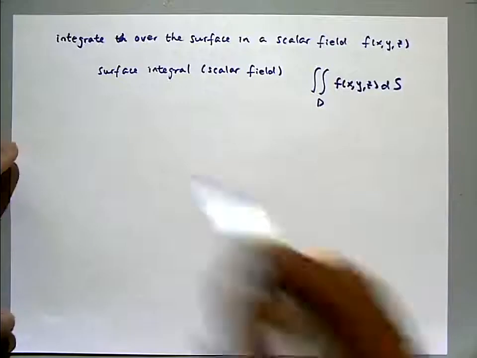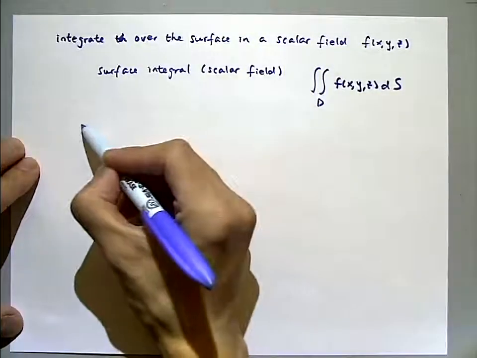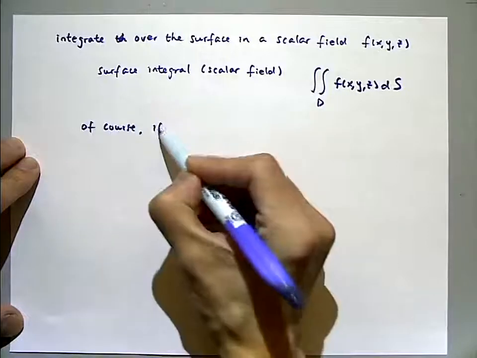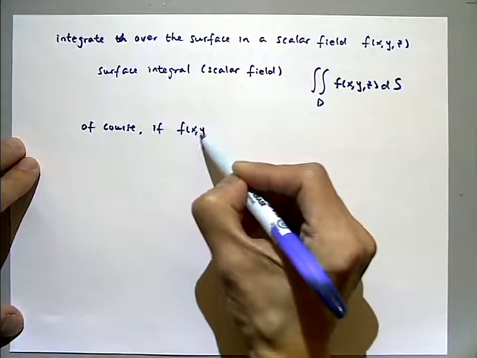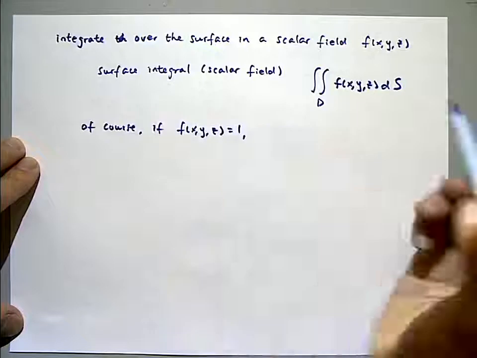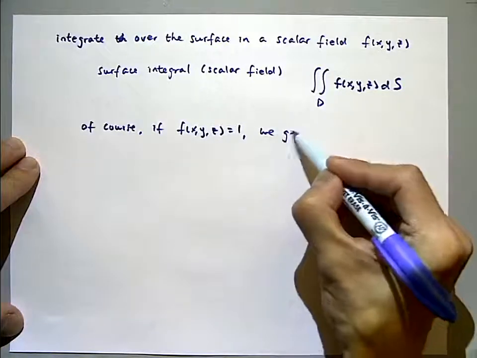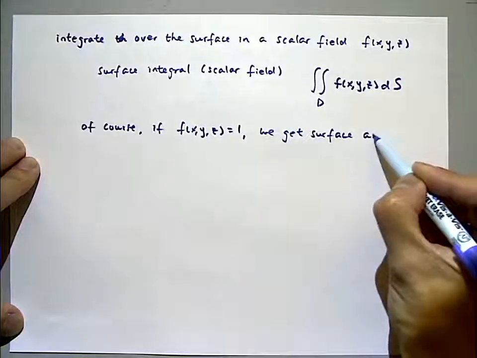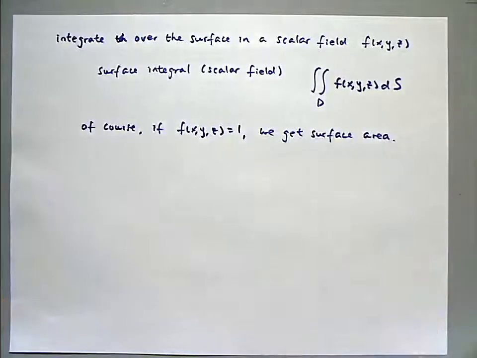Nothing new. And of course, if f of x, y, z is 1, we get our surface area. Of course, we get a surface area back if you integrate 1 along this surface. Just like if you integrate 1 along some curve, you get the arc length of that curve.